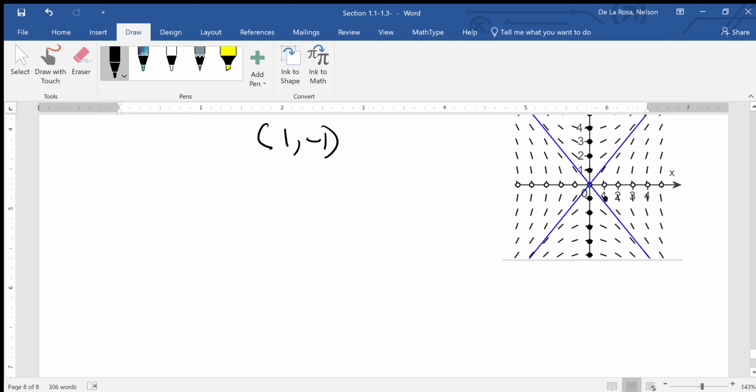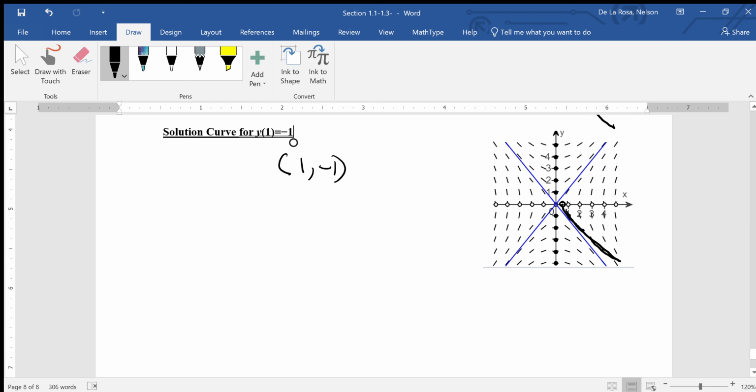The curve is going to have this behavior through the point (1, -1), and at the x-axis we're going to have a hole. Why are we going to have a hole?